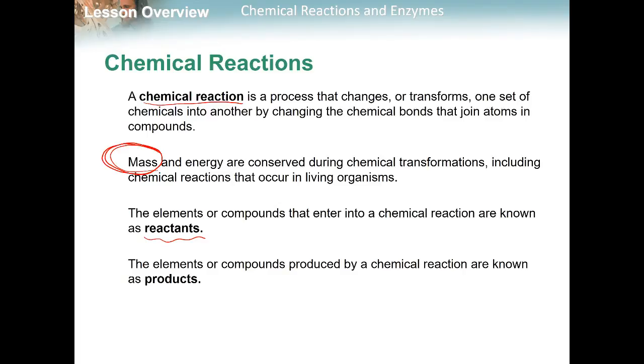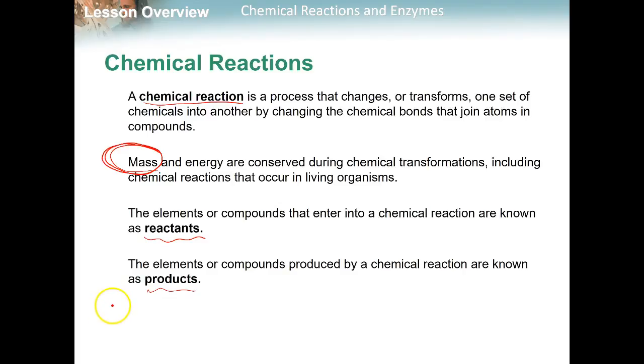What we get from joining those two reactants together are the products. So let's go back, and I try to relate things to food whenever I can. So our reactants are our ingredients. So what elements are we going to put into this? What ingredients are we going to put into this? And what are we going to get out of it?